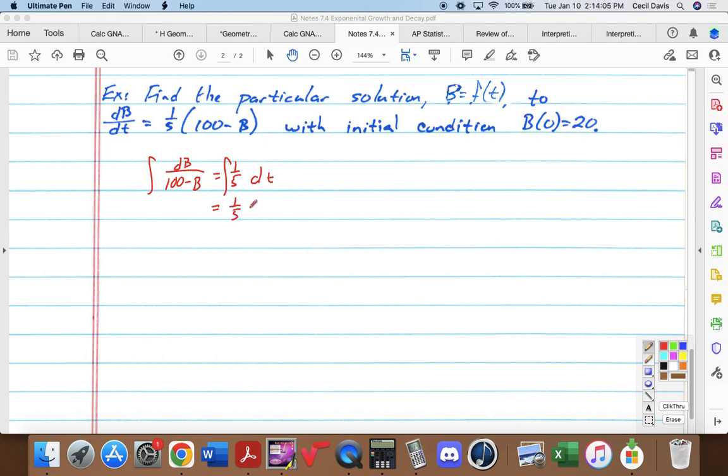That's just 1/5 of t plus c. It's the left side that's a little more difficult. This is going to be the opposite of the natural log of the absolute value of 100 minus b.